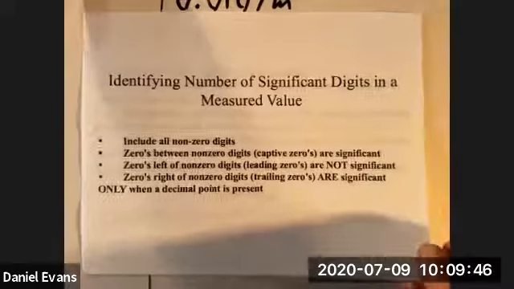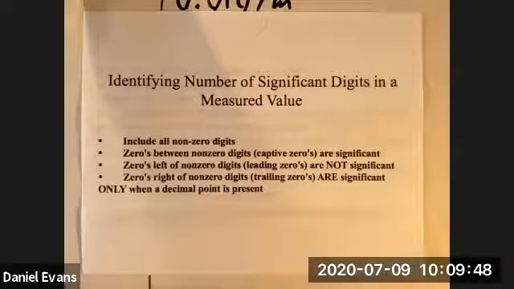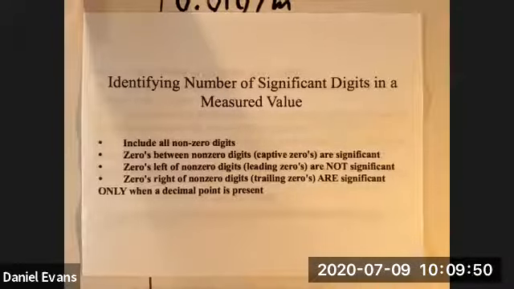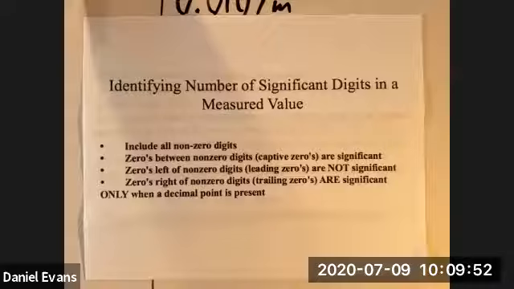So getting a number from a measuring device, we're going to treat the number as being significant except for placeholder zeros, so zeros that tell us where the decimal point is. All the non-zero digits are significant.